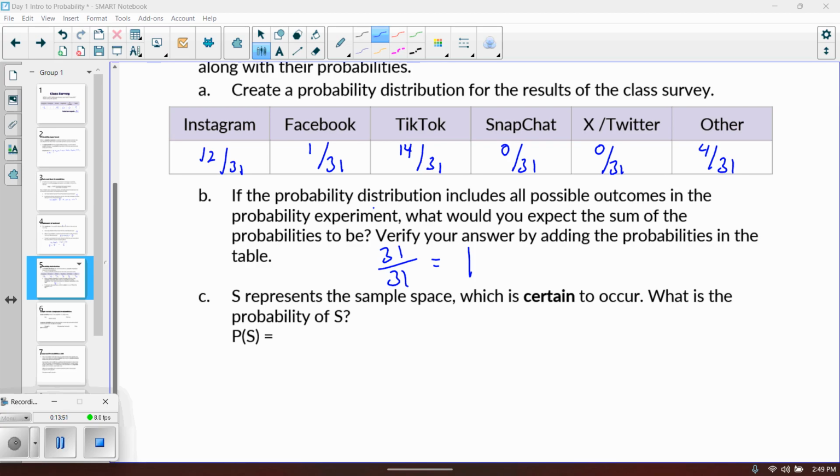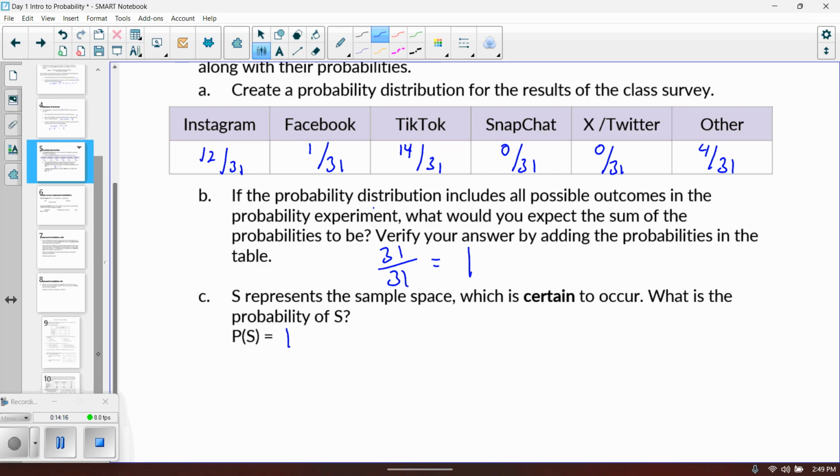Well, considering you have to get something out of your sample space, the probability that we get something out of our sample space is 1. Okay, you have to get a result out of your sample space. That's all you can do, because that's part of our survey. So the probability of getting some kind of an event that happens out of your sample space is 1. Has to be.